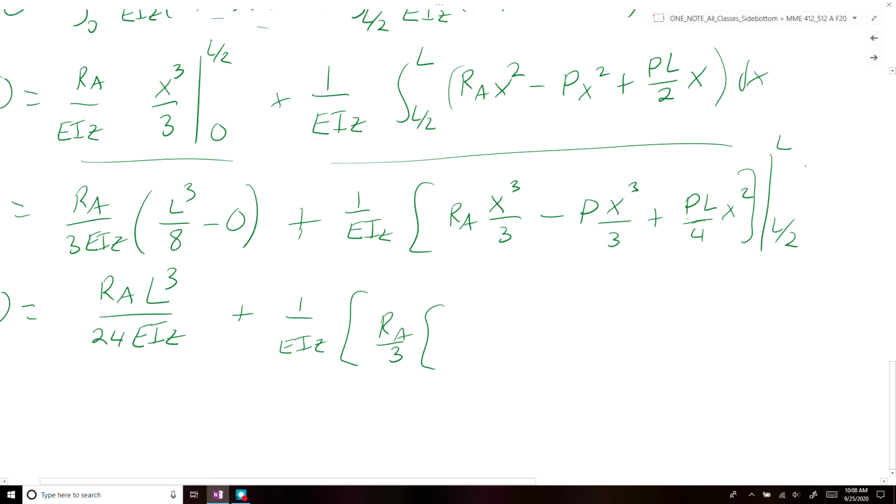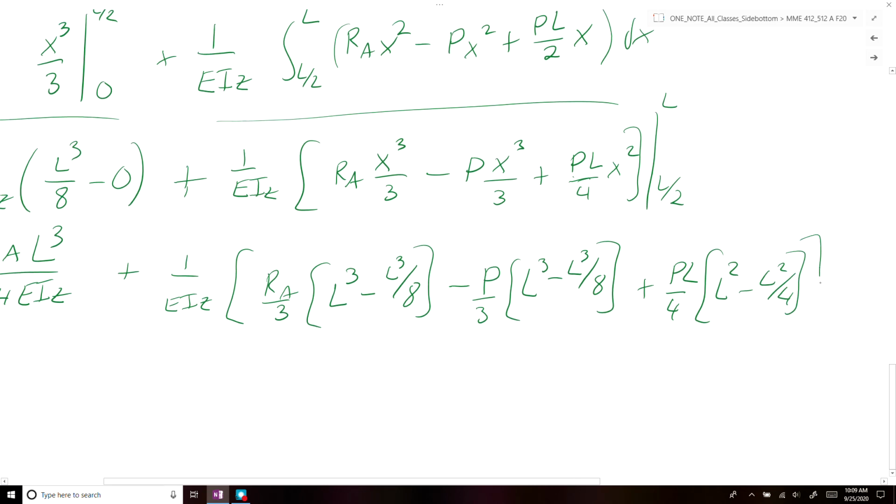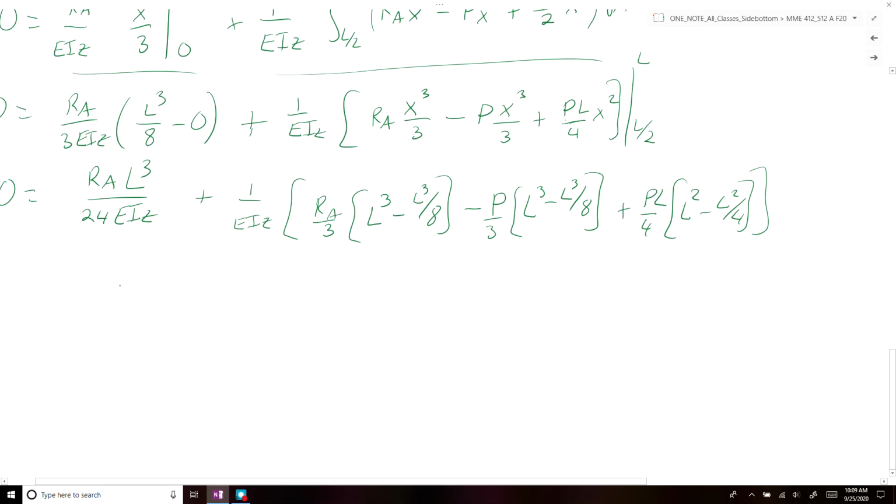Evaluating x cubed, we get L cubed minus L cubed over 8, minus P over 3 times that same term, L cubed minus L cubed over 8, plus PL over 4 times L squared minus L squared over 4. If we keep working on this problem, we'll just copy the first term.